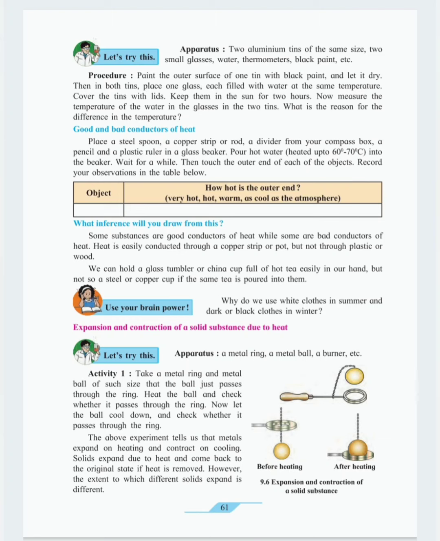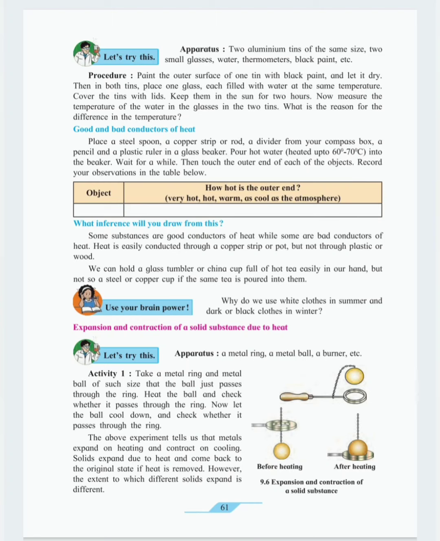General information for good and bad conductors of heat: when a particular object allows the heat to flow, at that time it is known as a good conductor of heat.